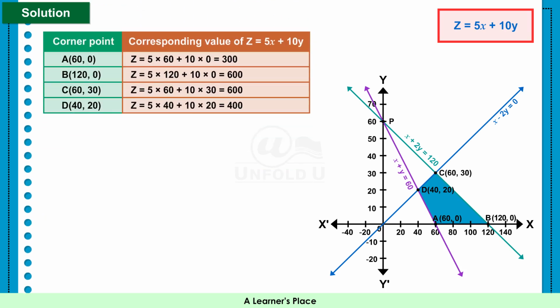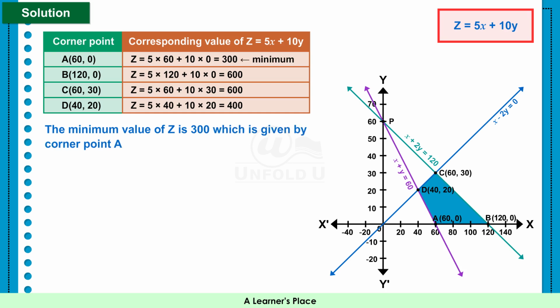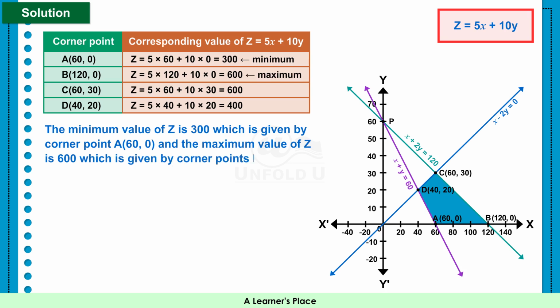Here we can see that the minimum value of z is 300, which is given by corner point A with coordinates (60, 0). And the maximum value of z is 600, which is given by corner points B with coordinates (120, 0) and C with coordinates (60, 30).